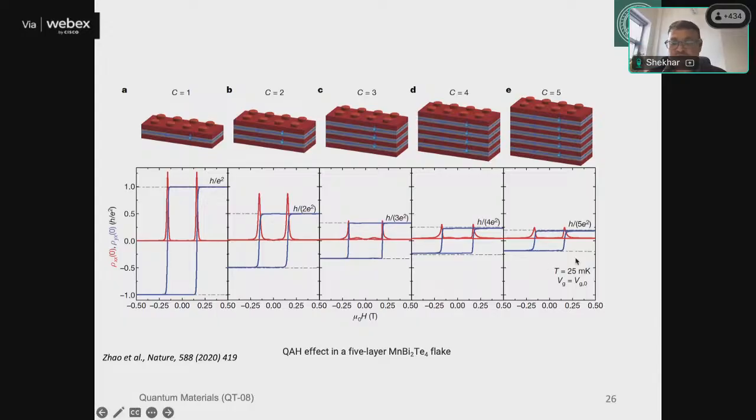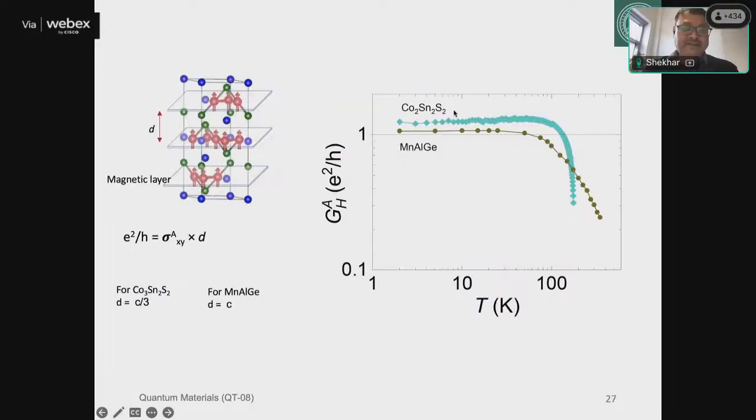In our case, as I said, CO3 2 is the layered material where we can expect each layer to contribute e²/h. We are also able to reach the value of e²/h, as we can see here.